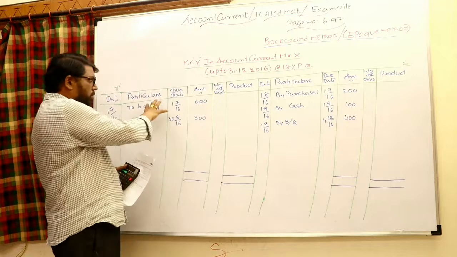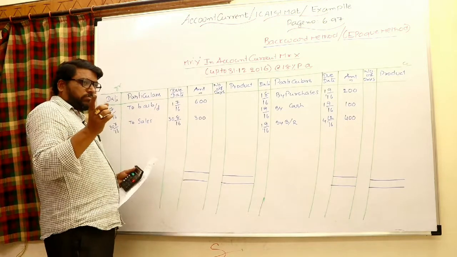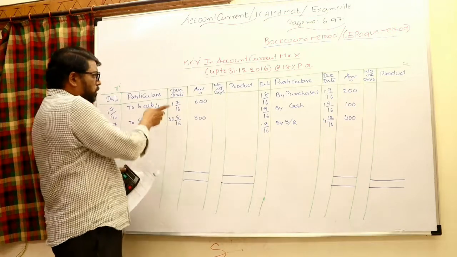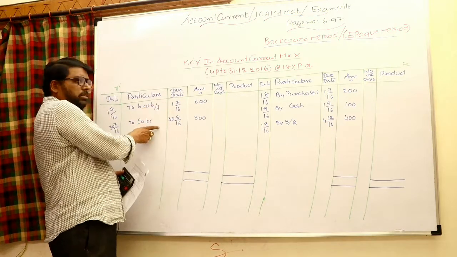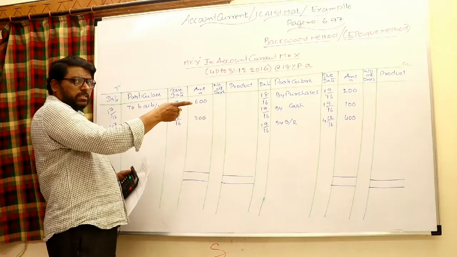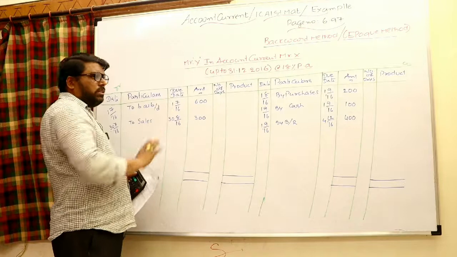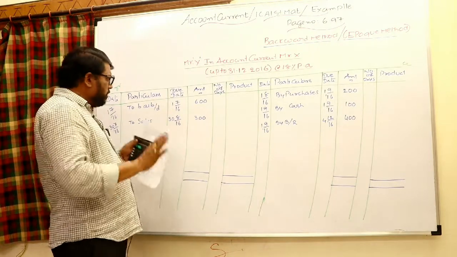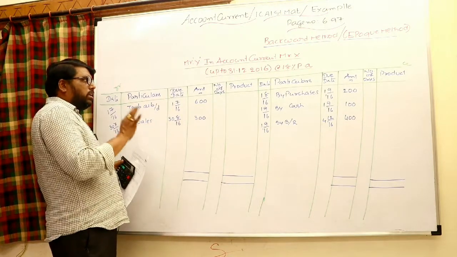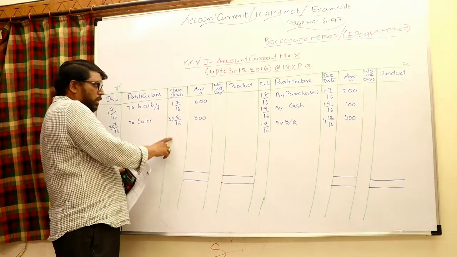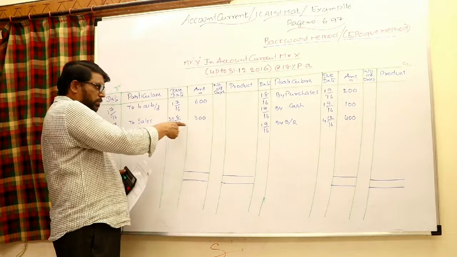You can check whatever entries we did in the forward method. There was on the debit side only one balance amount and one transaction, and on the credit side three transactions. So balance plus one transaction, two, and of course three transactions on the other side. Only the date of transaction, entry posting, due date, and amount will be the same.